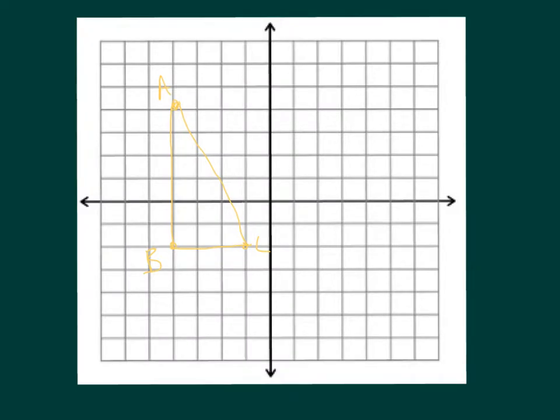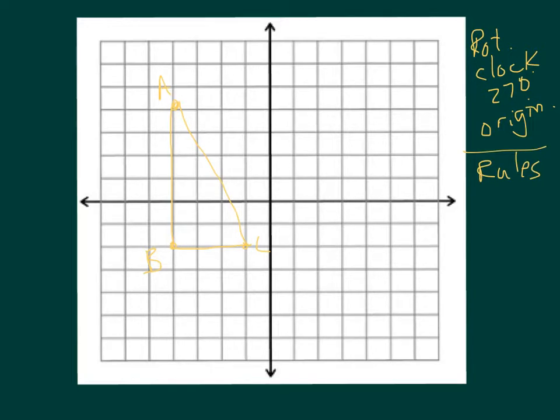Okay, we're going to rotate this clockwise 270 degrees about the origin. When we do that, we need to make sure we write our rules first. Since we're doing from the origin, we're going to have all 3 points.